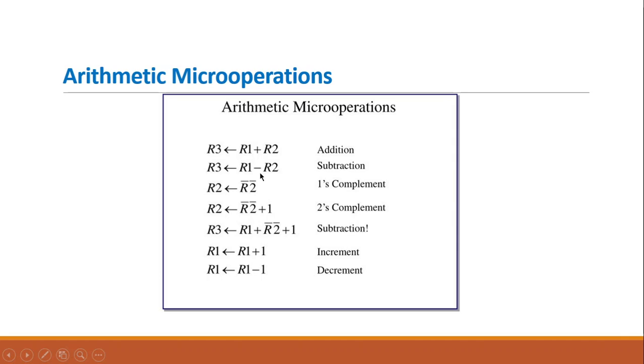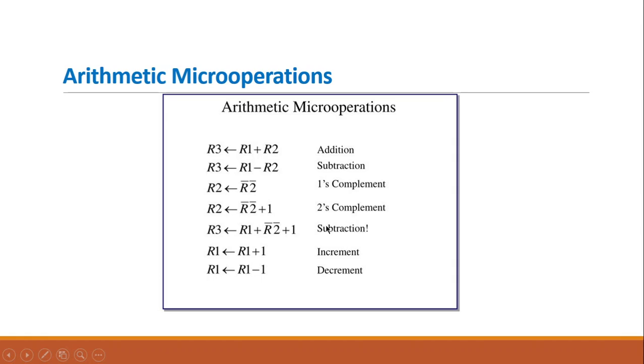This states that the contents of R1 minus R2 is transferred to R3. Next one is complement the contents of R2. It is basically 1's complement. This is the 2's complement. It indicates the contents of R2 plus 1. That is the 2's complement of R2.